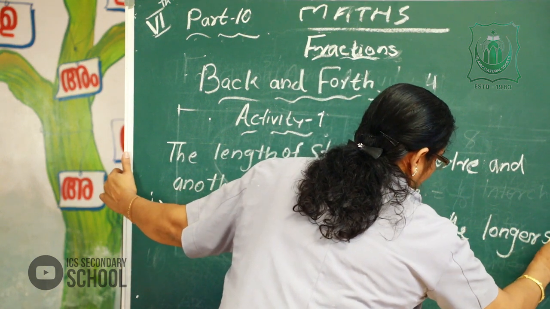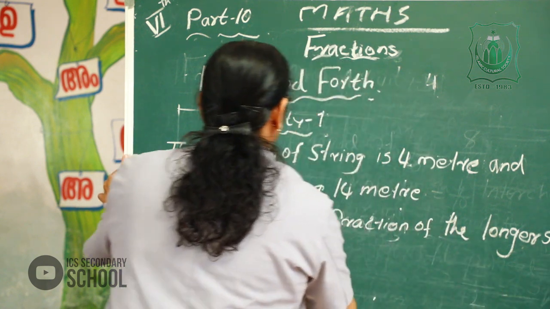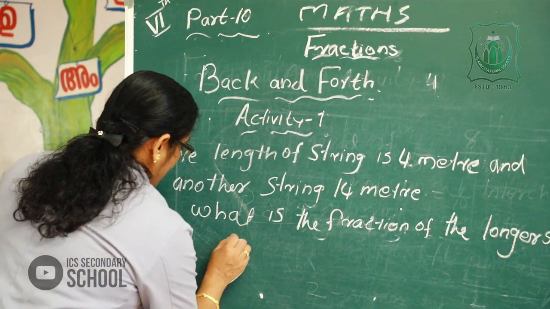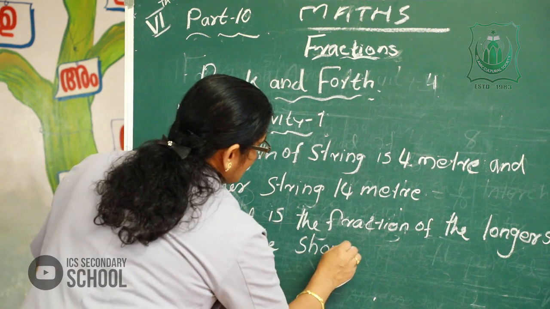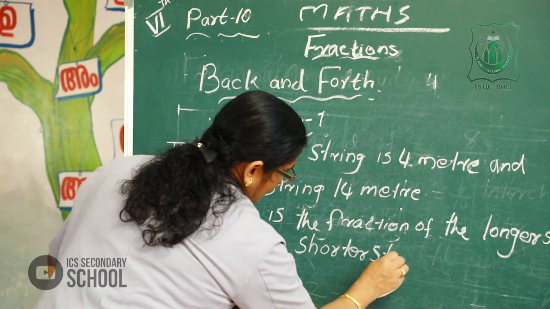The longer string is 40 meter and the shorter string is 4 meter.